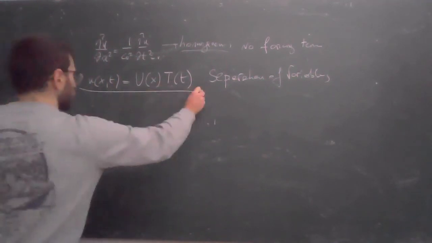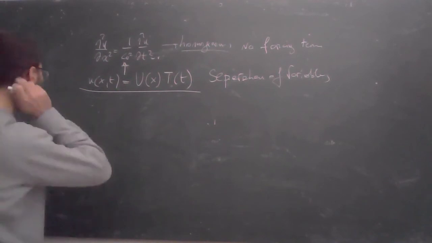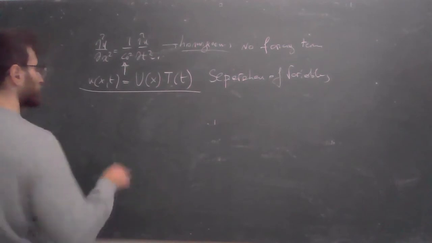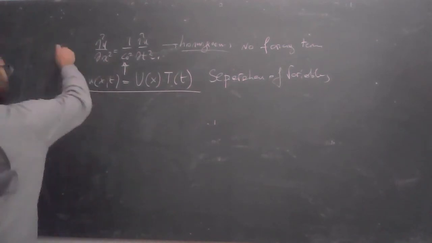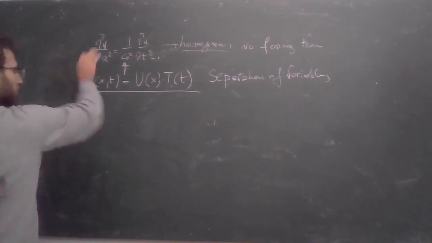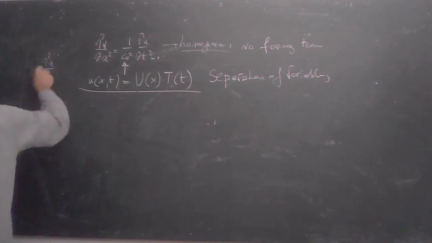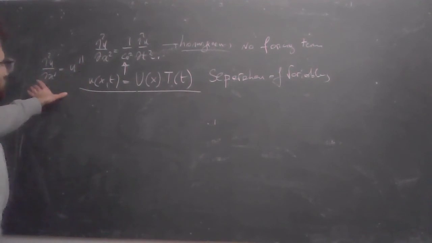If we substitute this expression inside the wave equation, we will use a short notation for the derivative. I won't write the Leibniz notation, so we will have the simplest form. You see, d²u over dx² is just this one.